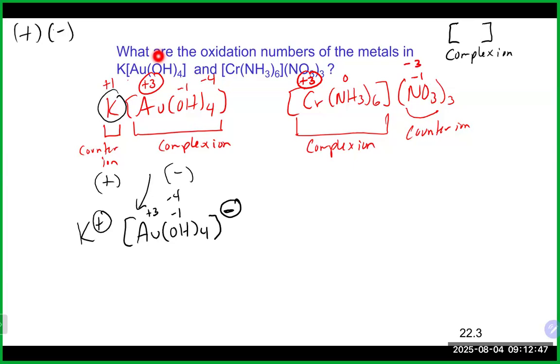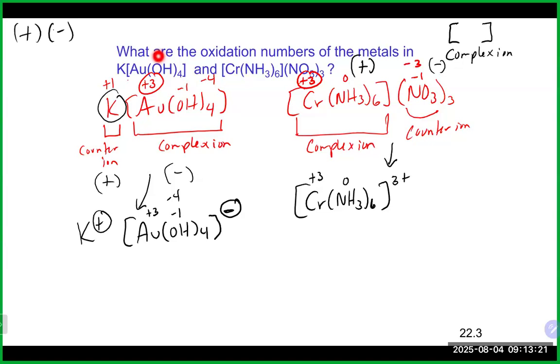As opposed to if we come over here, and again, we just pull out this complex ion part. We got here Cr(NH3)6. And once again, the ammonia is going to be 0. Based on what we did earlier, we know the chromium here is +3. So in this particular case, this complex ion actually has a +3 overall charge, which again is why it comes first in the formula, followed by our counter ion that's negative.